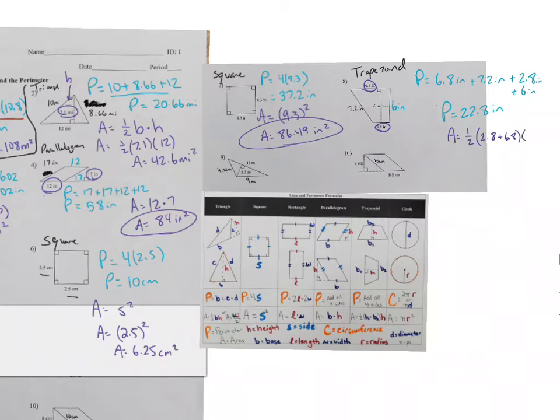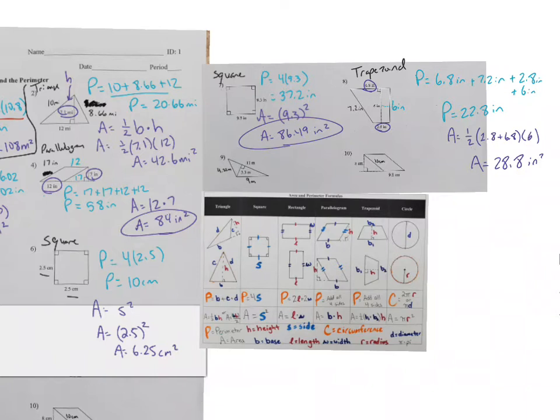And my height is just going to be 6 inches. So I just put in my calculator 1/2, and if you're using one of my calculators, you can just type it in with the parentheses and everything. So 2.8 plus 6.8 in parentheses times 6. So I have my area is equal to 28.8 square inches.